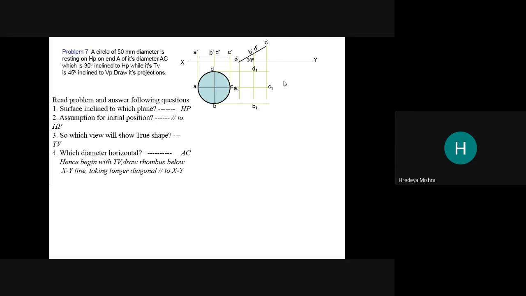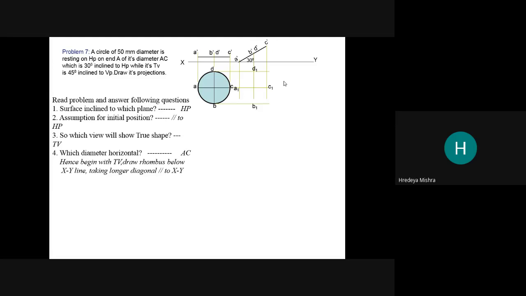But for a better shape, you should assume more diagonals, like AC, BD, EF, GH, more than two diagonals. If you take four or six diagonals, whatever you include in the circle, you get a better shape in comparison to fewer diagonals.